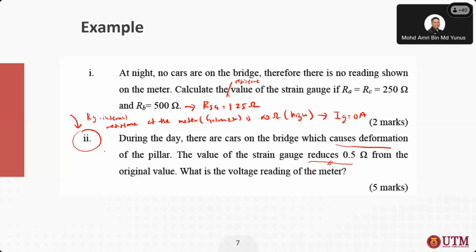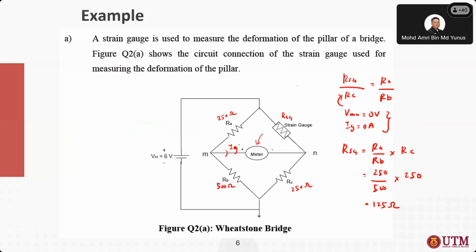Okay, we assume for number 2 that the internal resistance of the galvanometer is high, so IG will always remain 0 ampere at any condition.